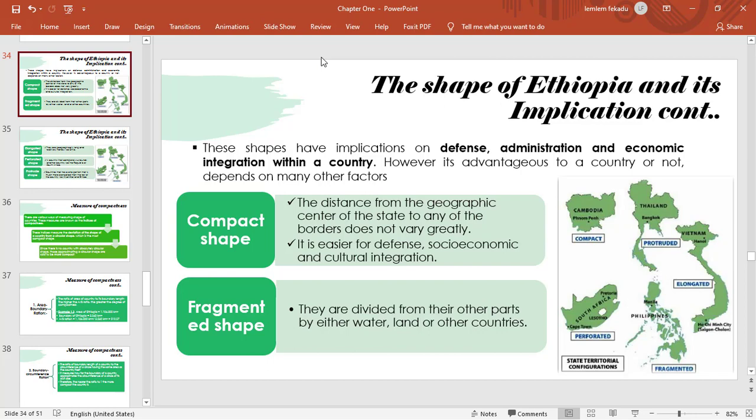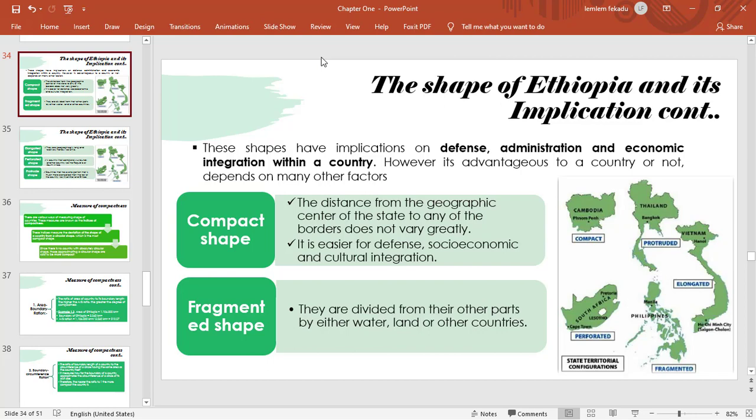These shapes have implications on defense, administration, and economic integration within the country. Whether some kind of shape of a country is advantageous to a country or not depends on many other factors.